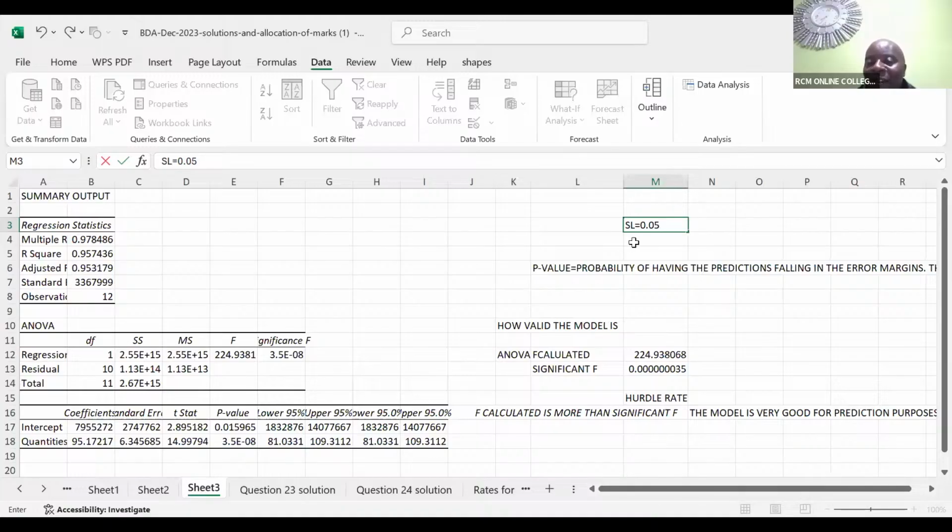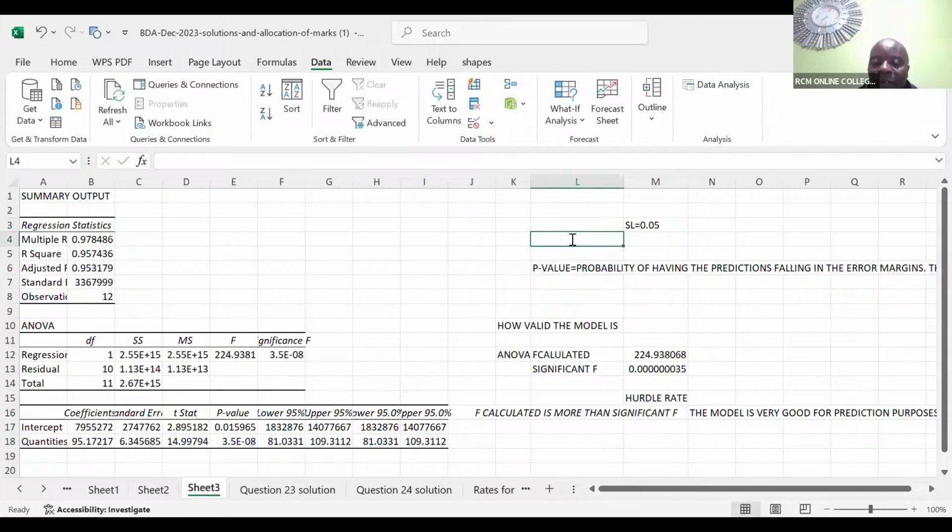So you ask yourself, this first p-value that we have here, is it less than 0.05? Oh, yes. Even this second one, 0.0000 something 35, is still less than 0.05. So our p-values are less than 0.05.